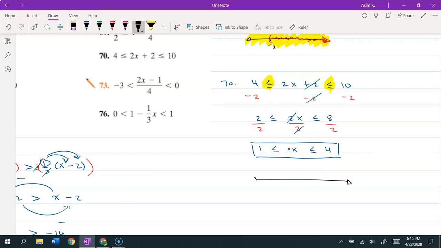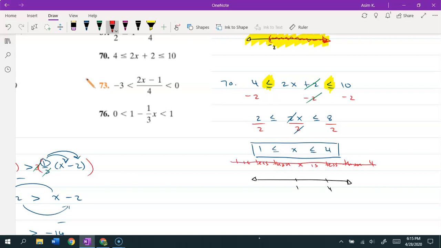I just want to take a moment and make sure that you know and understand what 1 ≤ x ≤ 4 looks like, right? A lot of people don't. They get confused. They try to read this as 1 is less than x, and I've seen this all the time, x is less than or equal to 4. That's not how you're supposed to read these, okay?